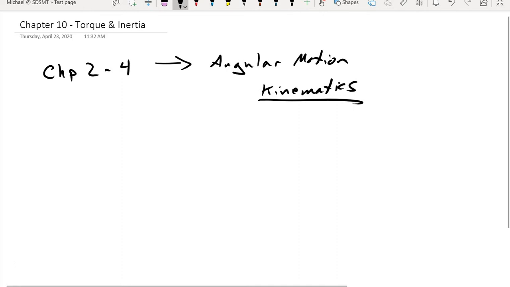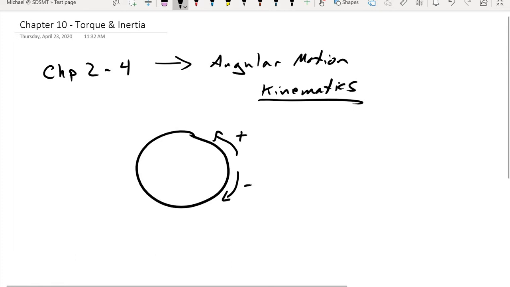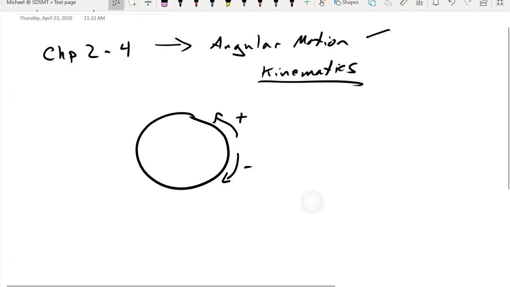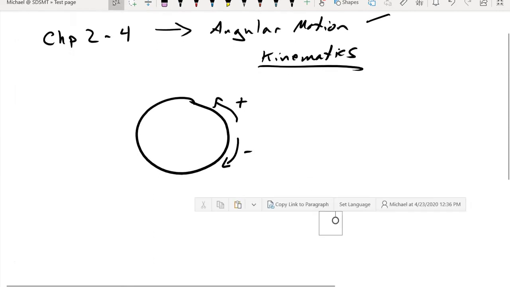Chapter 3 did cover vectors and how we break vectors up into components, except when it comes to circular motion, we really only have two choices as to the direction that we travel, and that's either going to be in the positive angular direction, which is counterclockwise, or the negative angular direction. In other words, with angular motion, we do not have vector components that we have to break up.